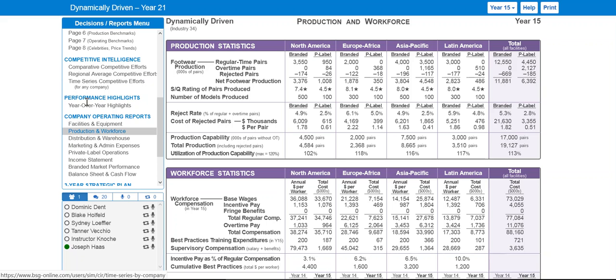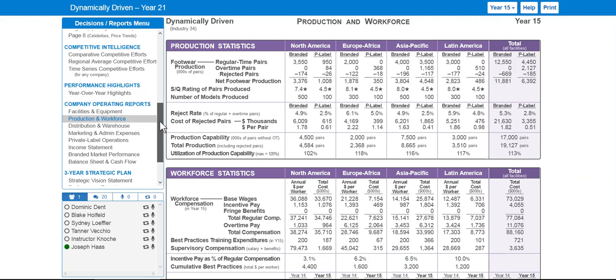If you go down to our company operating reports and go to production and workforce, it'll actually give you a snapshot all on one page of what we did in each region.